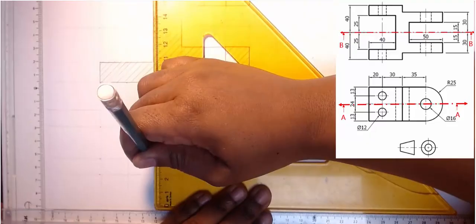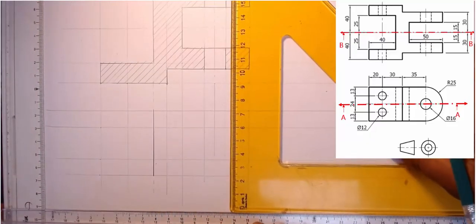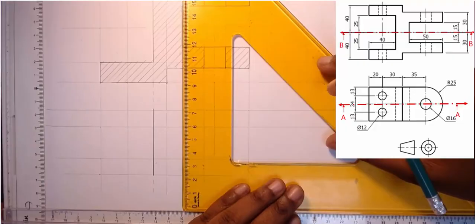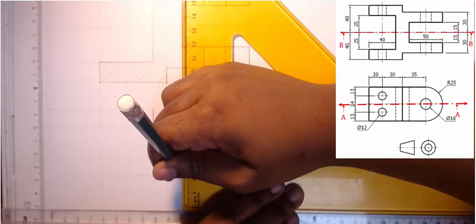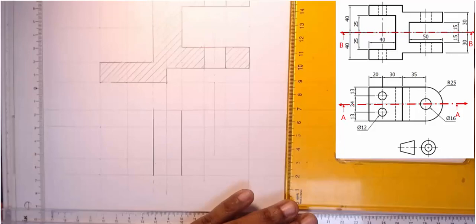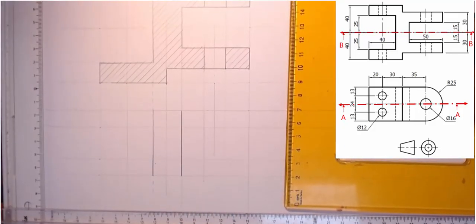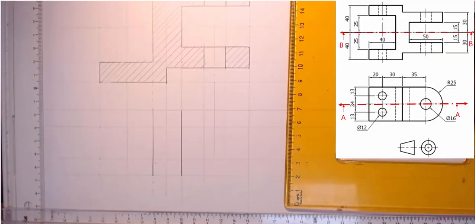The dotted lines now are going to be solid. Where else is your dotted line? It's there. Dotted line is going to be solid. Right there. That's the only part that's going to be sectioned. Everywhere else, it's not going to be sectioned.